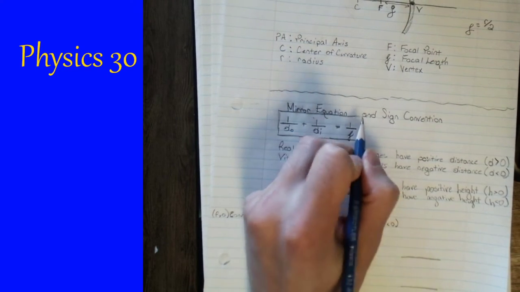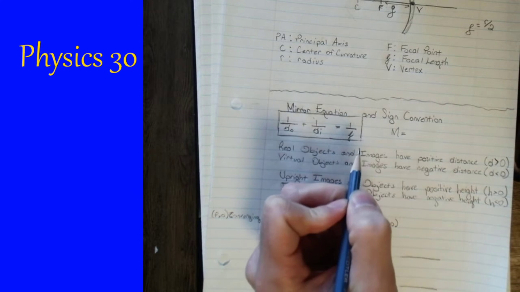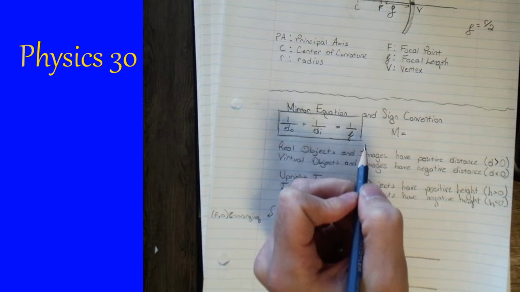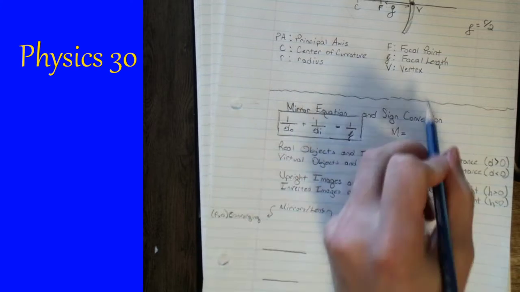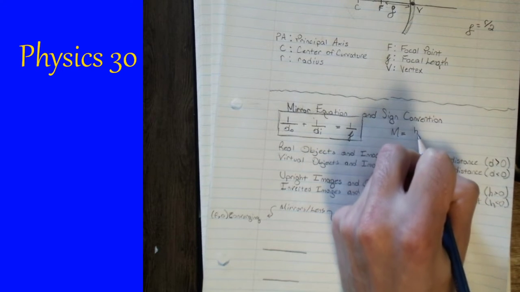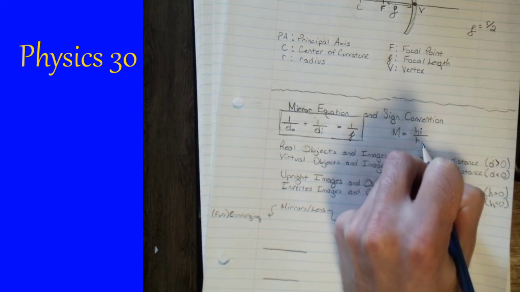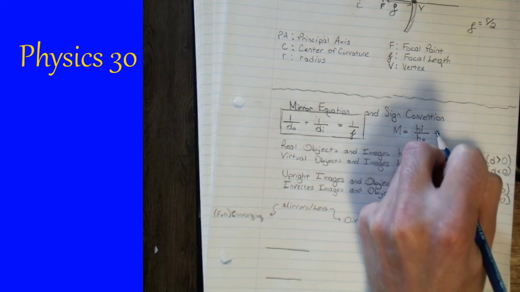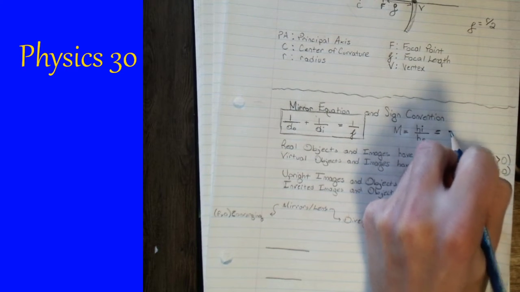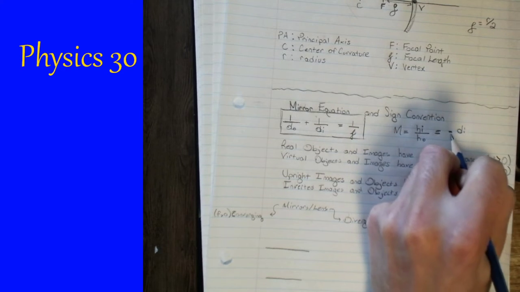But I like to include the last piece, which has to do with magnification. The magnification, or how much bigger or smaller our image is compared to our object, is the height of the image divided by the height of the object, or negative image distance divided by object distance.